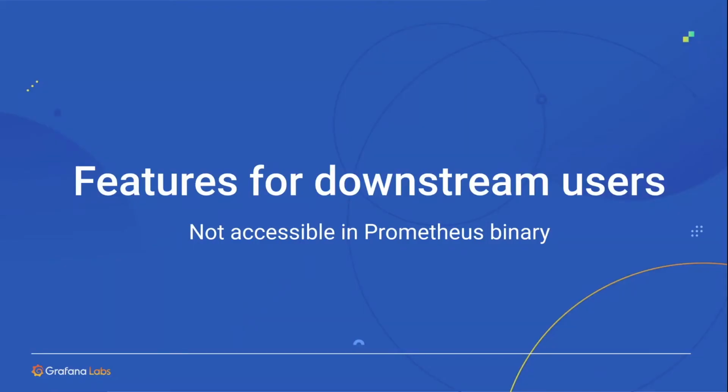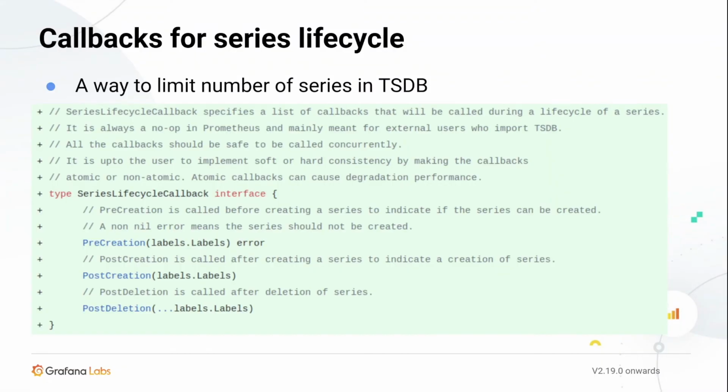So let's end with the features that were added for downstream users, which are not actually accessible in the Prometheus binary itself. There's just one feature that I'm going to talk about, which is callbacks for series lifecycle. These are a set of three methods that you can pass into TSDB when you are creating an instance of it, with which you can control how many series you want to be created.